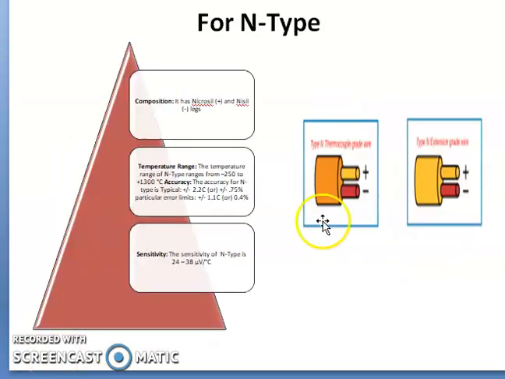Now coming to the features, it is made up of nicrosil and nisil, and the temperature range is from minus 250 degrees to plus 1300 degrees, and the accuracy is plus or minus 2.2 degrees Celsius and the error limit is plus or minus 1.1 degrees Celsius. And the sensitivity of N-type is 24 to 38 microvolts per degree Celsius.